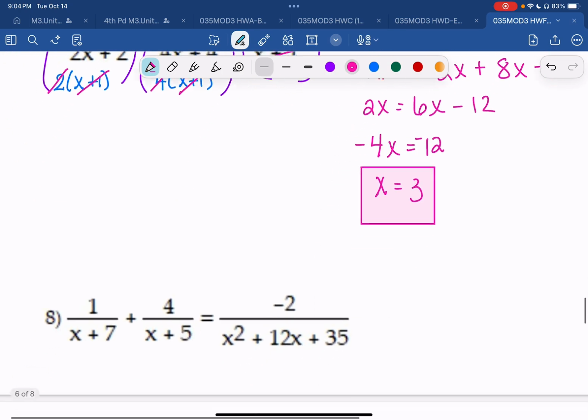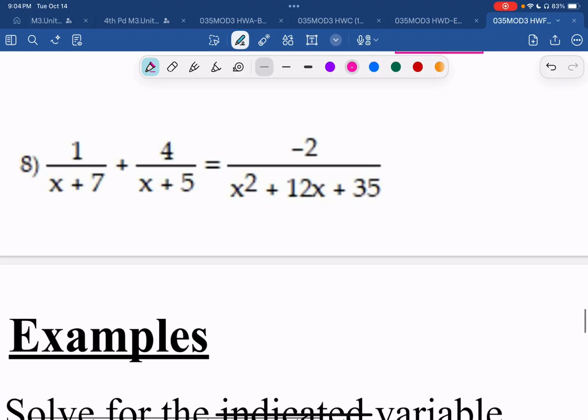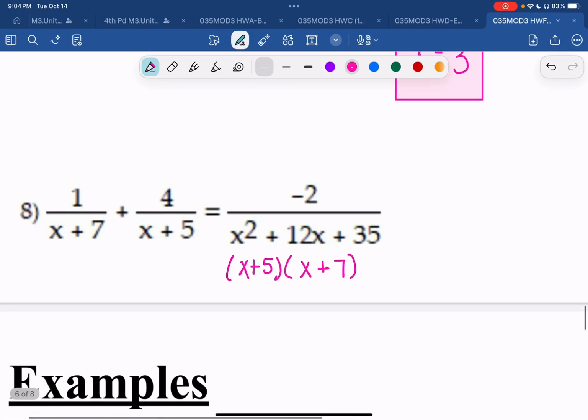Okay, last one like this. Can't factor those first two, but I can factor this one. So that's going to factor into x plus 5, x plus 7, and that's actually going to become my LCD.